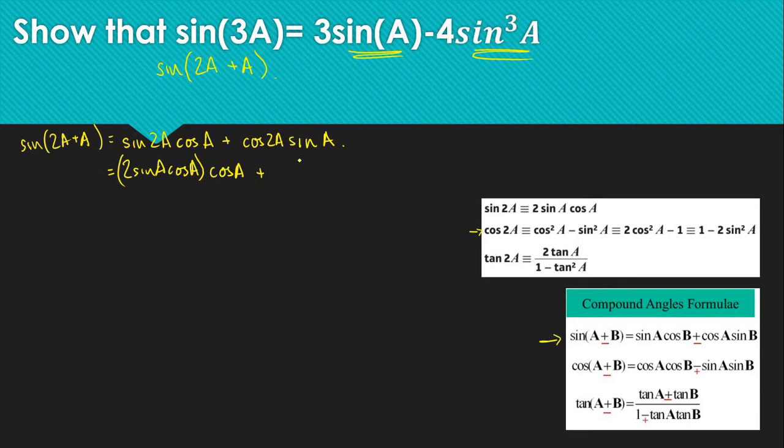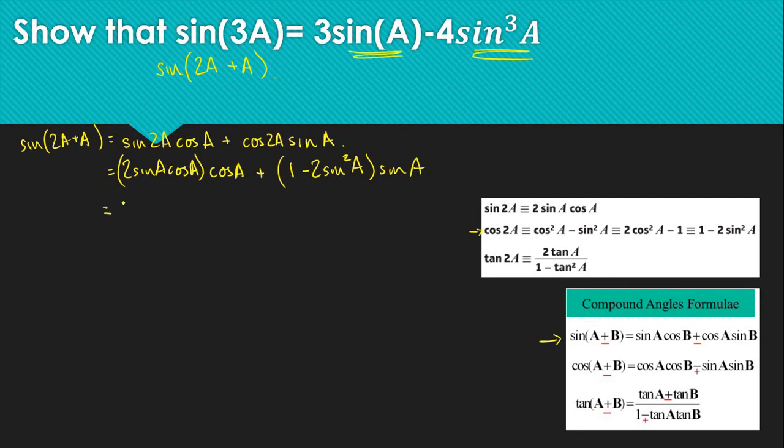So don't be worried about the fact that you're going to end up with 1 minus sine squared a multiplied by sine of a. You're going to end up with cubed coming out of it, and that's absolutely fine. So 1 subtract 2 sine squared a, lots of sine of a. That's my cosine of 2a form that I've chosen. The first one didn't have a choice, this one did, and I went for the one that had sine in it.